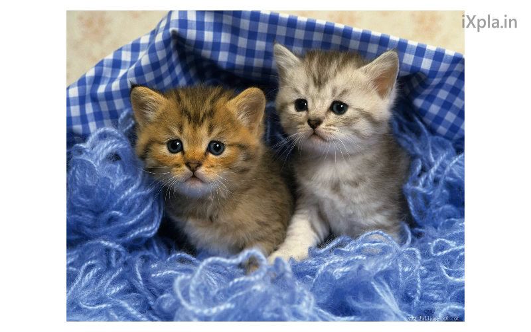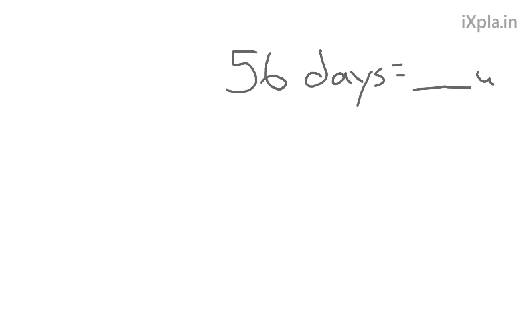How many weeks old were the kittens? Well, we know there are 56 days. And so we've got to figure out how many weeks that would be.